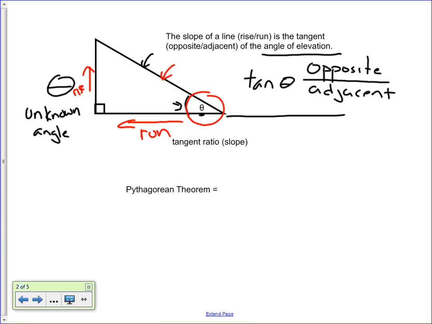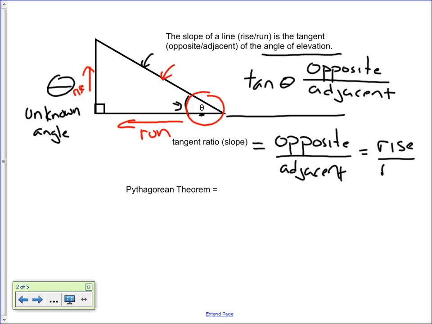Okay, so the tangent ratio of a slope is really just the ratio of the opposite over the adjacent, which is the same as the relationship of the rise over the run.